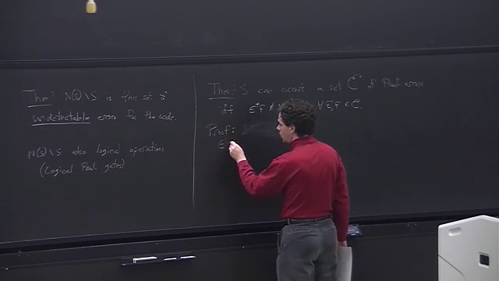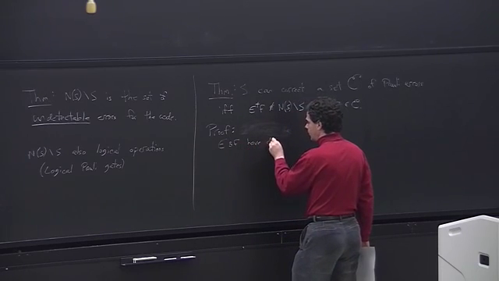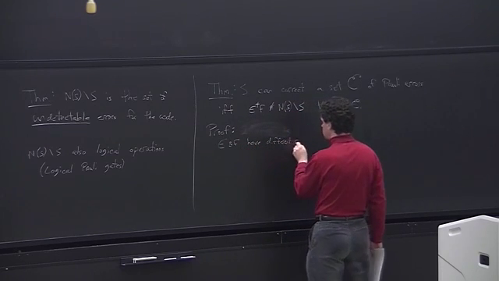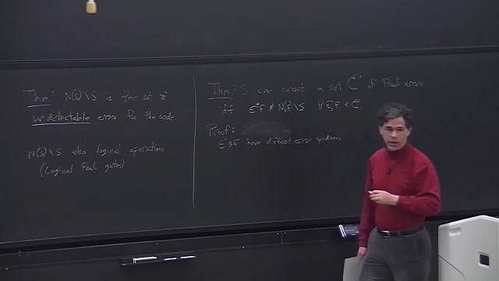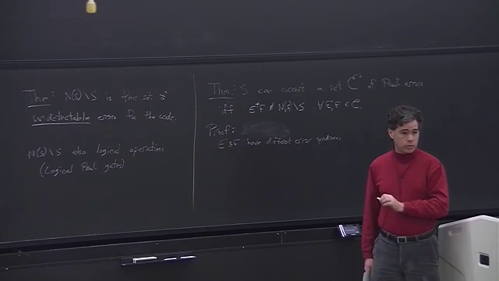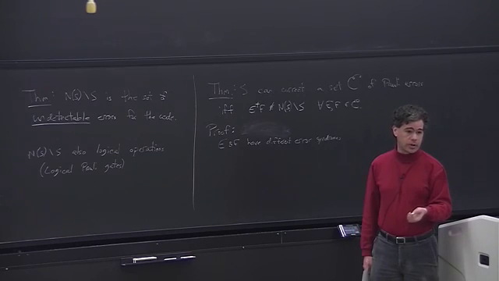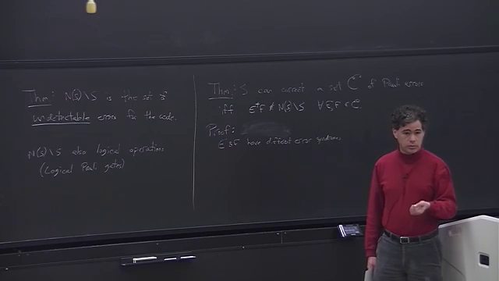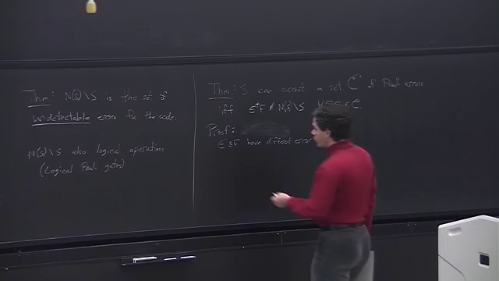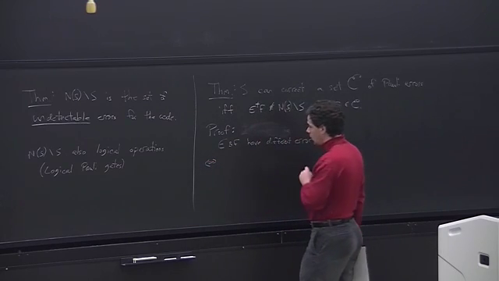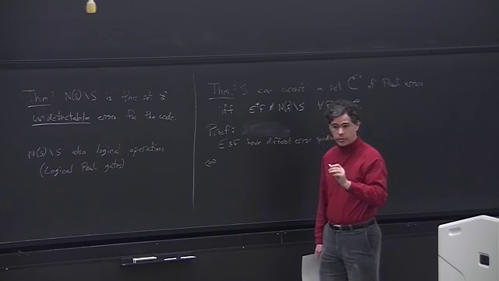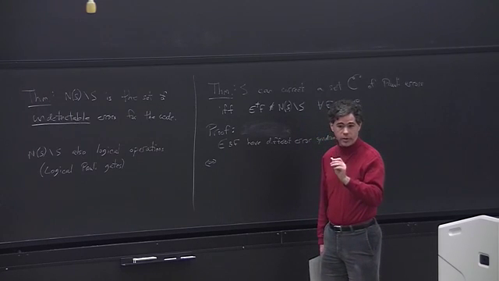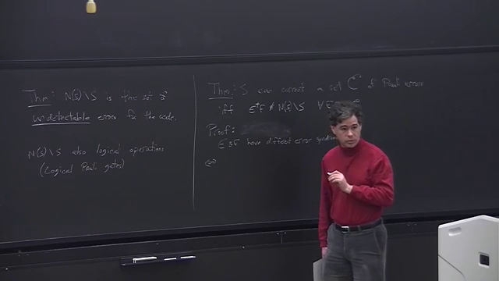We notice that E and F have different error syndromes if and only if they commute with the same set of generators of the stabilizer and anti-commute with the same set of generators. That's the definition of the error syndrome. So if they have different error syndromes, there's some generator of the stabilizer where one of them commutes and one of them anti-commutes.